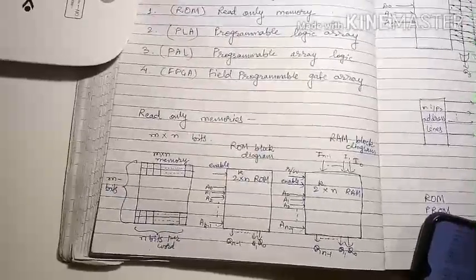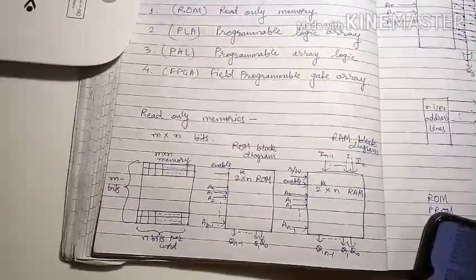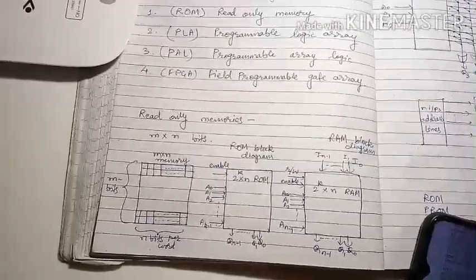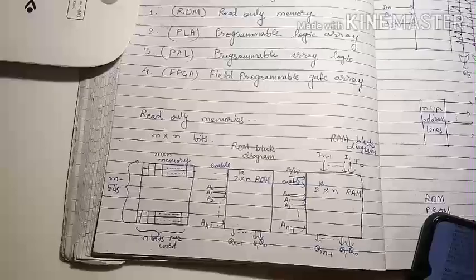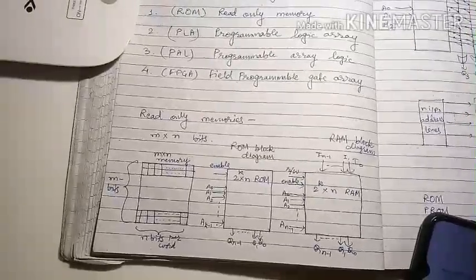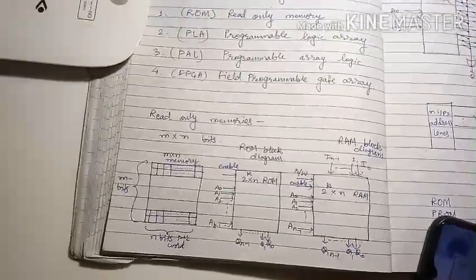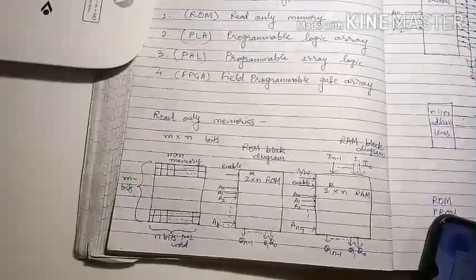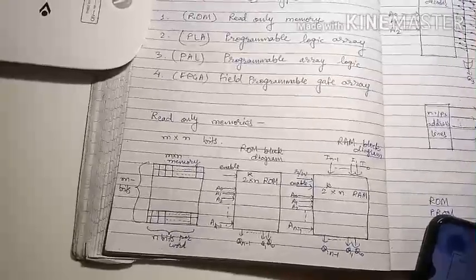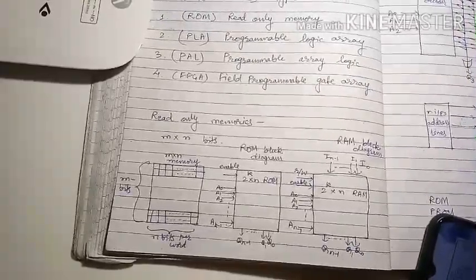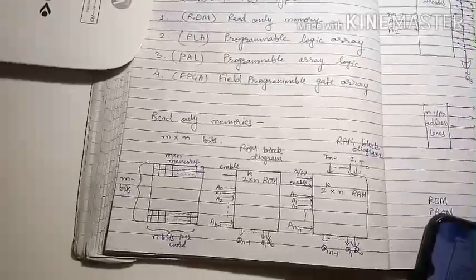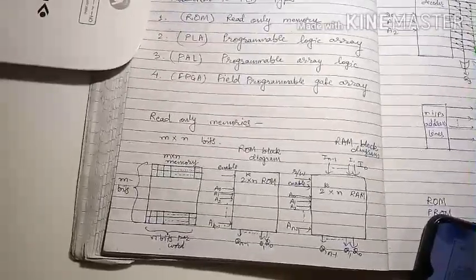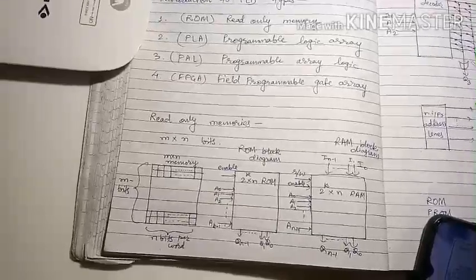It is a memory that can be read from but not typically written to during execution of any program or any embedded system. So the first diagram we have already discussed, M by N memory, M number of rows and N number of columns, which says that N bits can be stored per location or per row or per word.